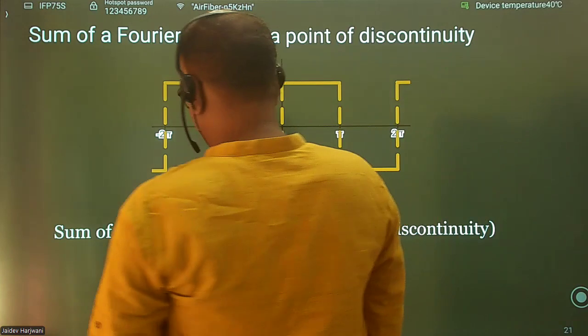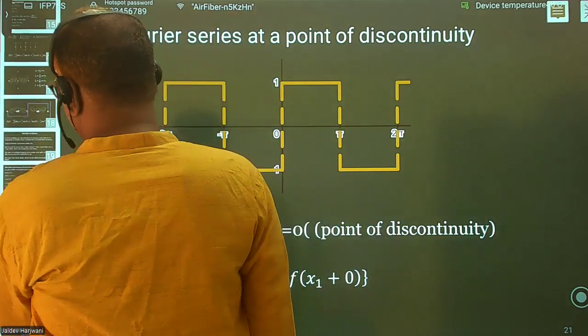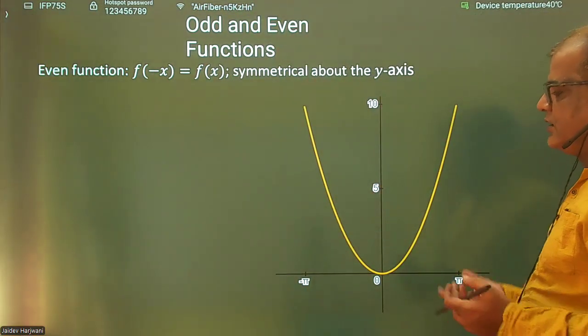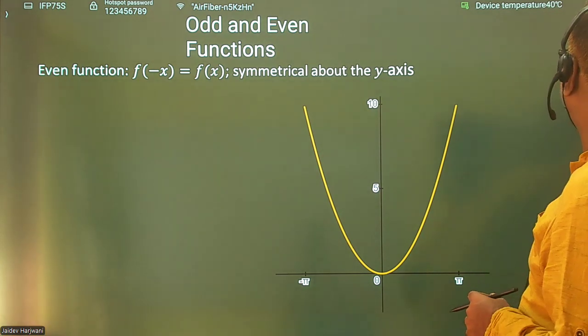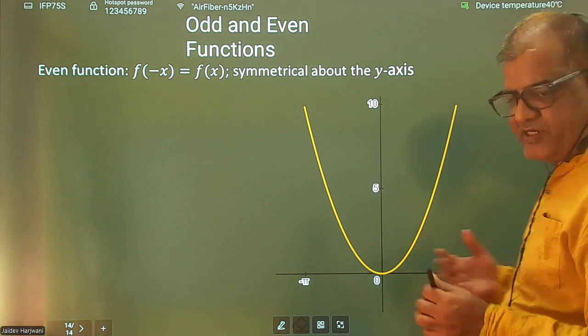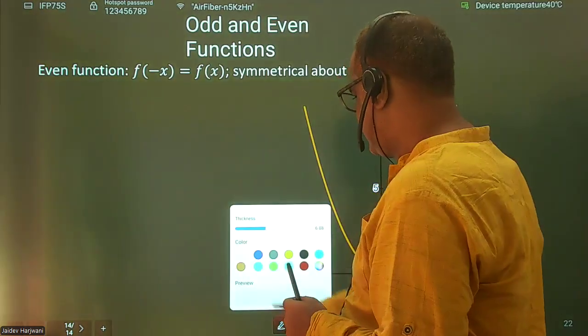Okay, and now next is odd and even functions. So what are odd and even functions? This makes the Fourier series simplified if our function is odd or even.